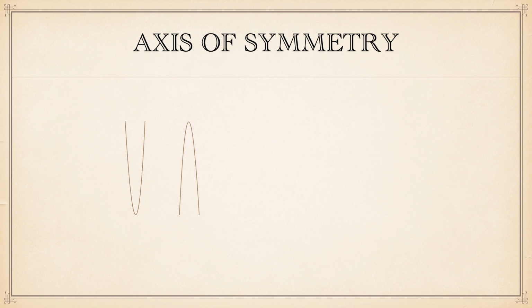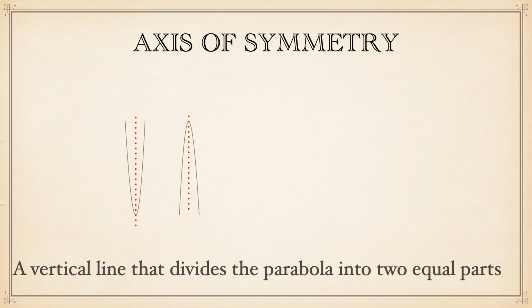They are equal distance from this axis of symmetry. Notice that when I draw the axis of symmetry, I use a dashed line or a dotted line. You are going to show me your axis of symmetry every single time when you graph parabolas. The axis of symmetry is the x value.